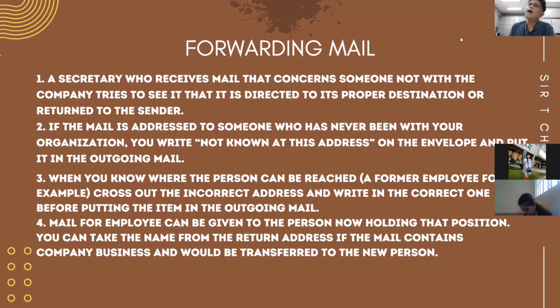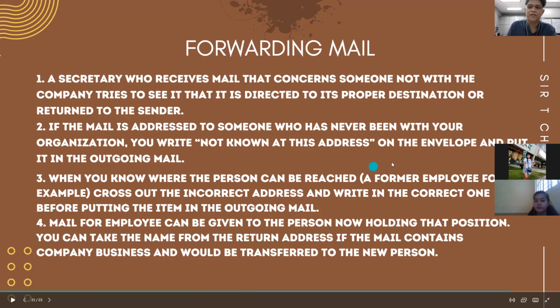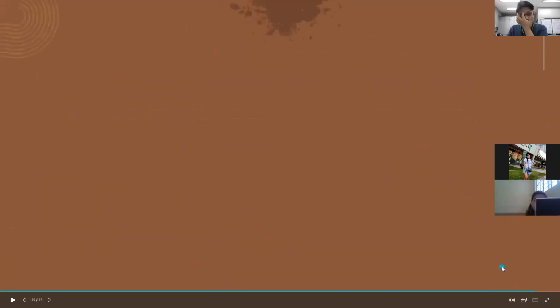If the person is not the new employee in the right designation of the mail, then you will just simply return the mail to the address. You can take the name of the new person who will receive the mail, so that the company business will be transferred to a new person.